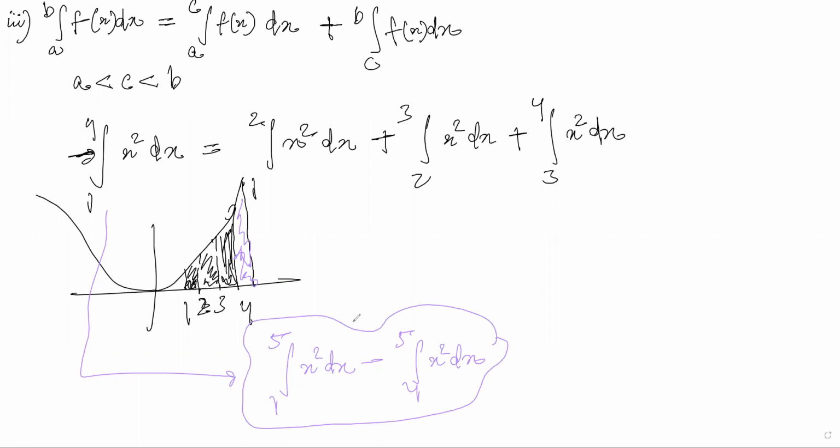But for the interpretation part, you should visualize what is happening here. If you would have calculated x square from 1 to 5, then you must subtract the extra area which you have calculated, and that extra area is from 4 to 5, right?